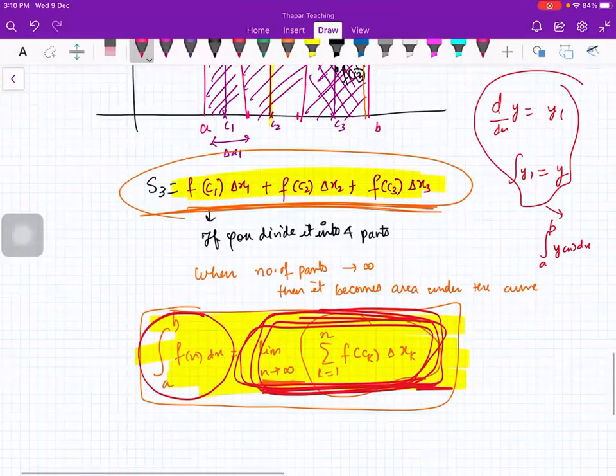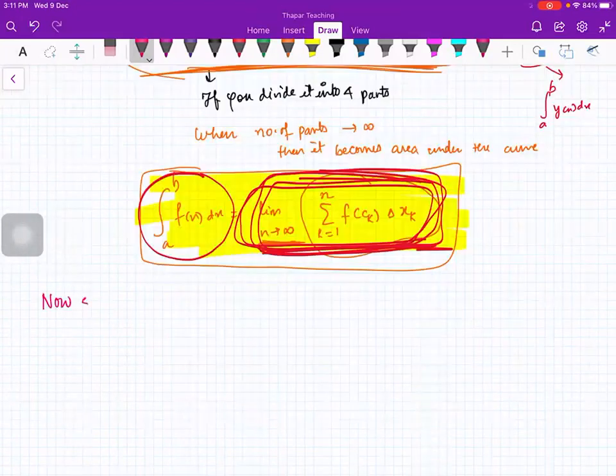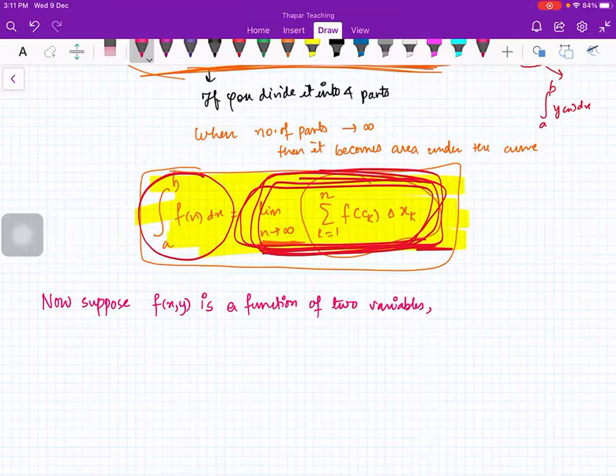Now suppose f(x,y) is a function of 2 variables. And if it is a function of 2 variables, the region where it is defined will be in the 2D plane, the xy plane.